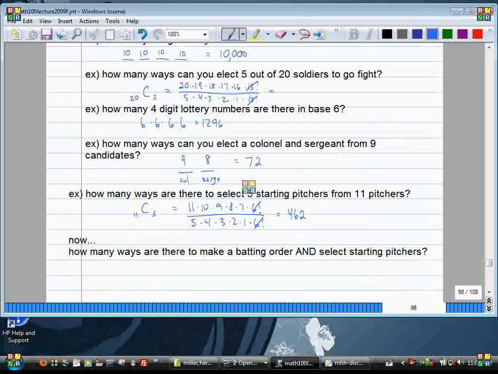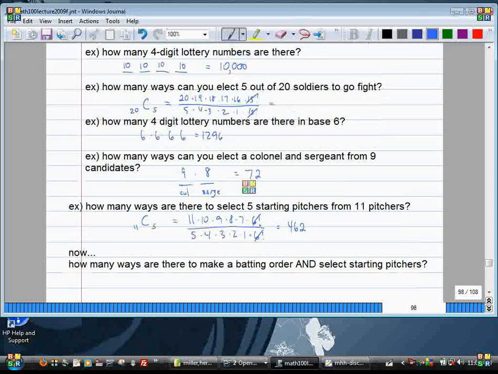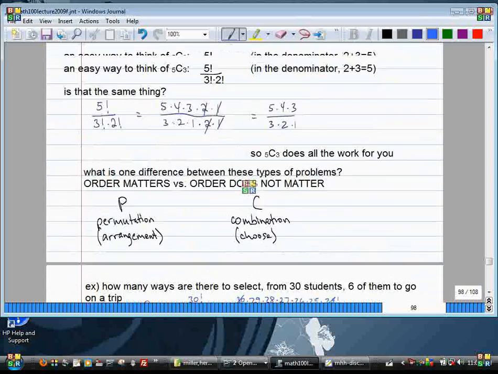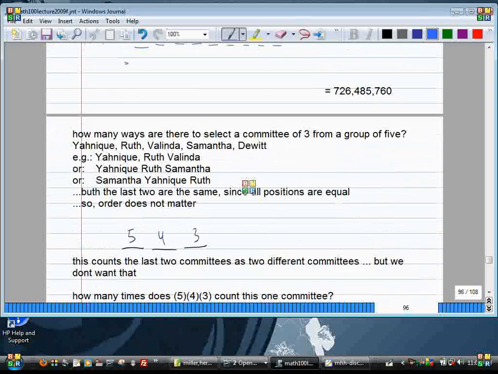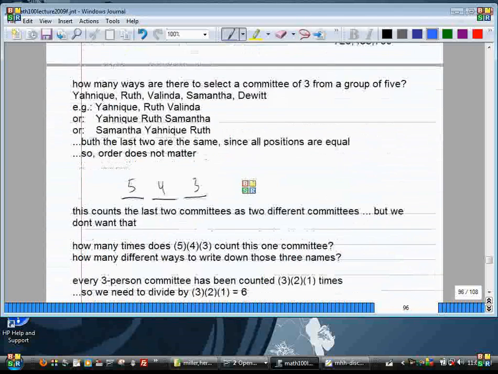Can you do them separately? Yes. Right. But didn't we already do that? Yeah. So, how many ways are there to make a batting order? It was something million. Where was it? There we go. Okay. 726,485,760.